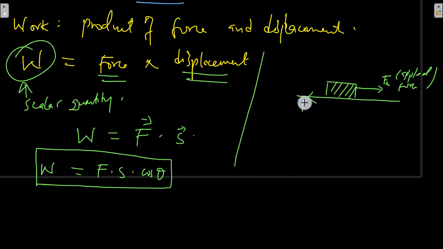Now let's say the applied force is greater than friction, and so our body is moving in this direction. This is the direction of motion. As we continue to apply our force, this body is going to be displaced in this direction. So the displacement is heading in this direction, since that's the direction of our motion.